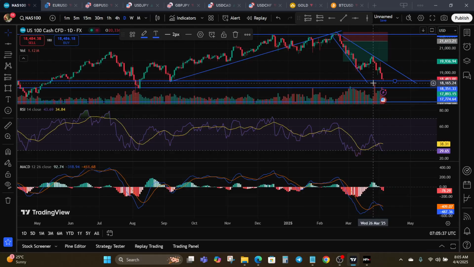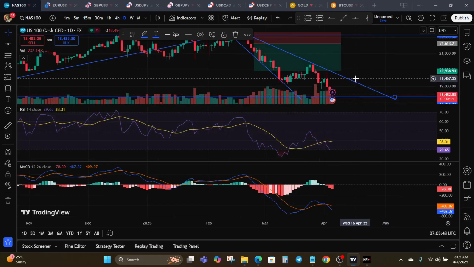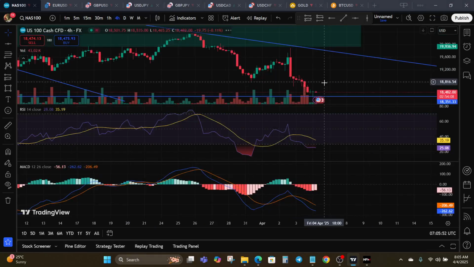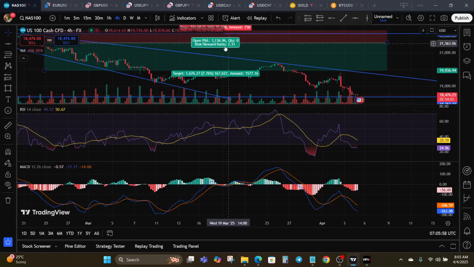Bottoms form when sellers are exhausted and buyers step in. So you should look for signs of indecision, trend weakening, and failed breakouts. All right. These clues often signal that a reversal is brewing.